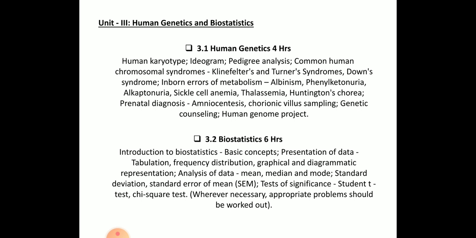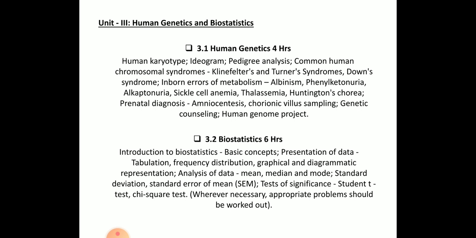Whereas the second subunit, that is biostatistics, is very important, and here you will be studying the introduction to biostatistics, presentation of data, how to compile the data and why it is important in life science, and analyzing of data like mean, median, mode, and graphical representation, diagrammatic representation, pie charts, bar graph, or mainly making a linear graph.